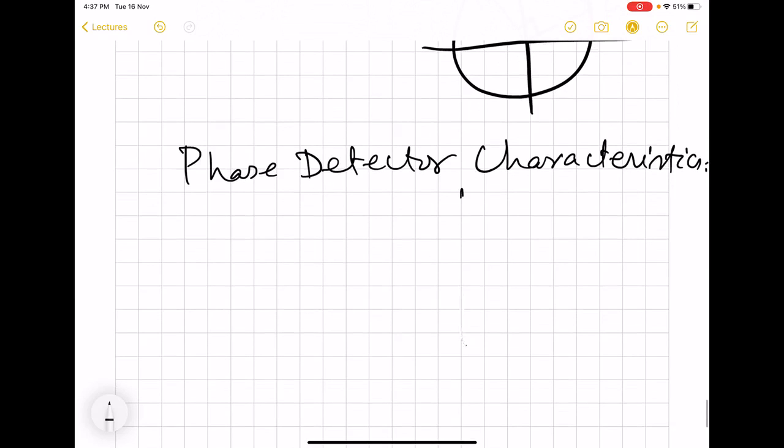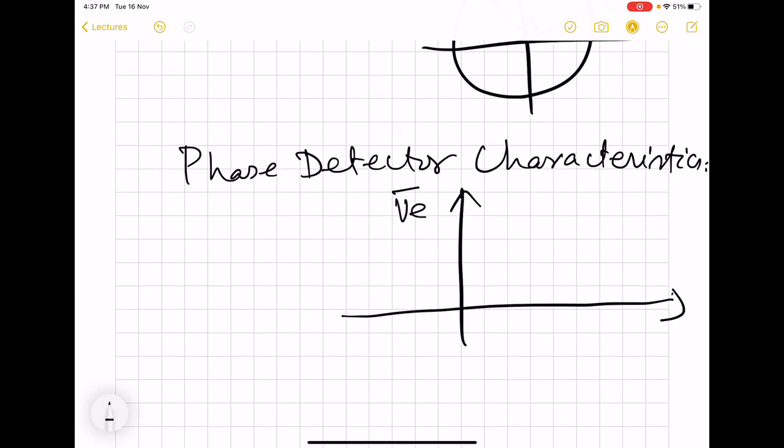In the phase detector characteristic, what we do is plot this VE bar versus the phase error.